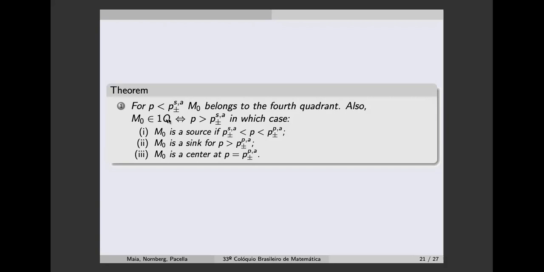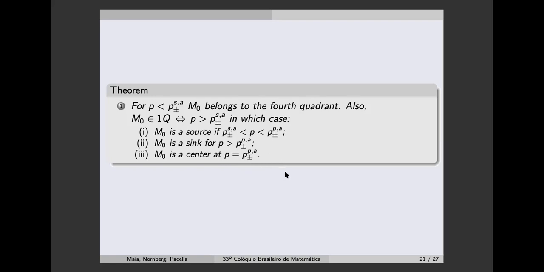M0 belongs to the first quadrant if and only if P is bigger than PSA. But in this case, you have ranges of P where M0 changes its character. M0 is a source if P is between PSA and PPA, is a sink for P larger than PPA, and is a center exactly at PPA.